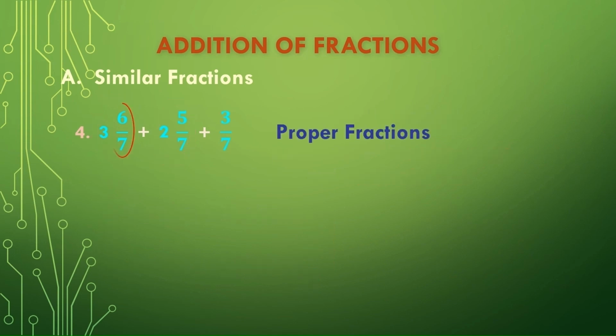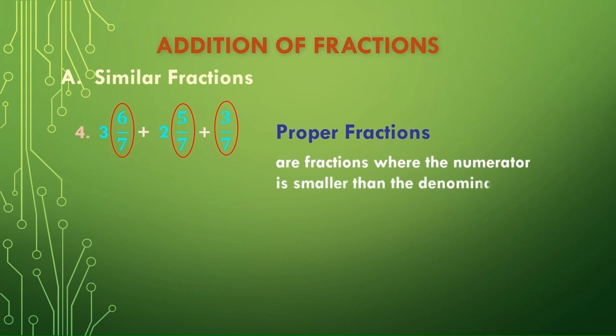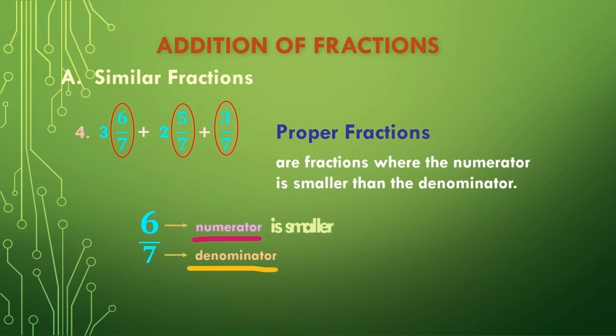Proper fractions are fractions where the numerator is smaller than the denominator. 6/7 is an example of a proper fraction where 6, the number on top, is the numerator, and 7, the number at the bottom, is the denominator.